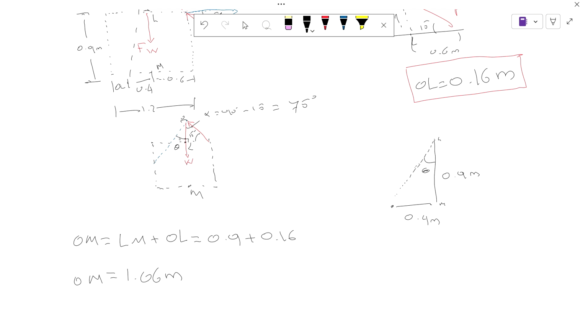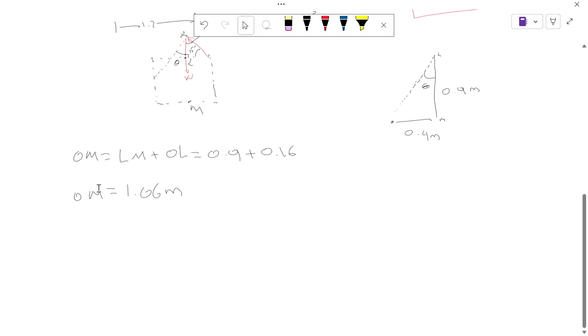So with that, we can find this angle theta, and that's the tipping angle at which this force P is perpendicular.